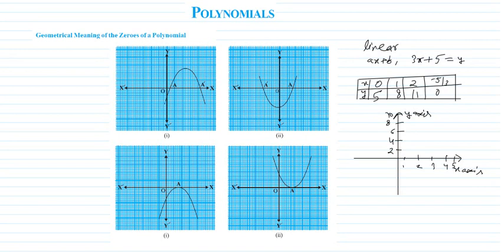For x is equal to 0 it will be 5, so it will be somewhere like this. For x is equal to 1 it will be 8, so it will be somewhere here. For x is equal to 2 it will be 11, so it will be above it. For x is equal to minus 5 by 3 it will be 0, so we will get this point on the negative x-axis. Let's try to join all of these points.